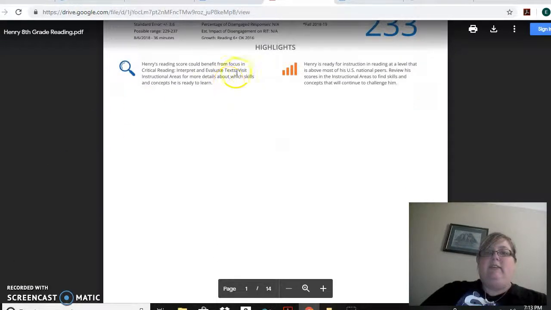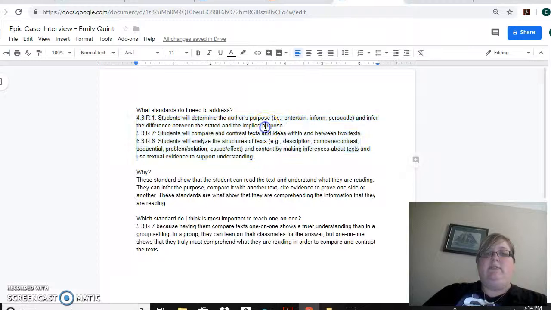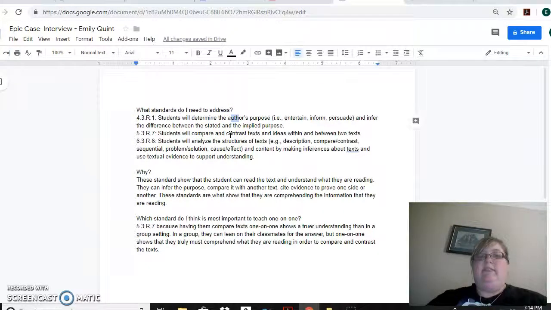Some standards that I would really like to focus on in our first few lessons are determining the author's purpose, comparing and contrasting texts and ideas, and analyzing the structures of texts, such as compare and contrast, putting them in sequence, problem and solution, cause and effect, and learning how to make inferences from what he's reading, being able to read something and go, oh, this is what they're trying to tell me.